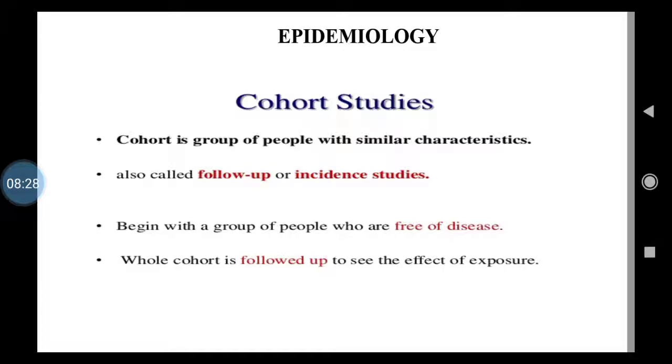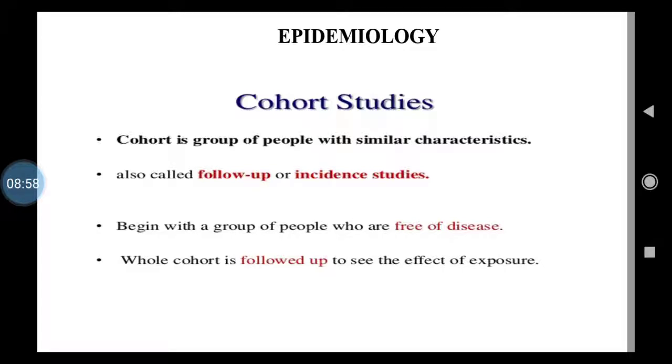And then this whole group is subjected to the exposure. So whatever the effect of the exposure is, that is studied. So this cohort study is usually carried out to obtain additional evidence to support the existence of an association between a suspected cause and disease.